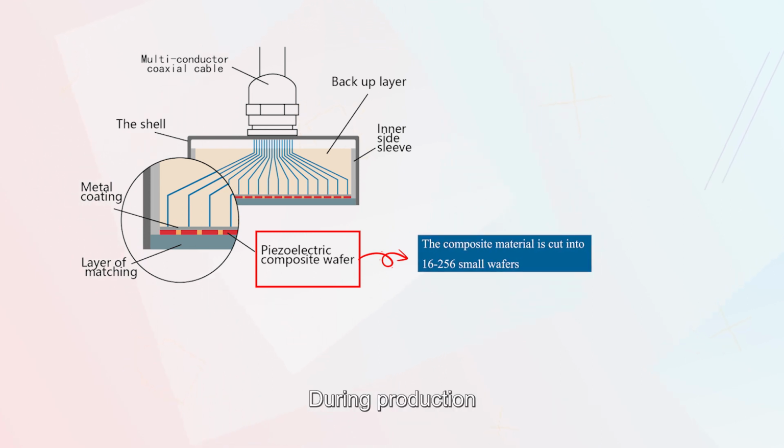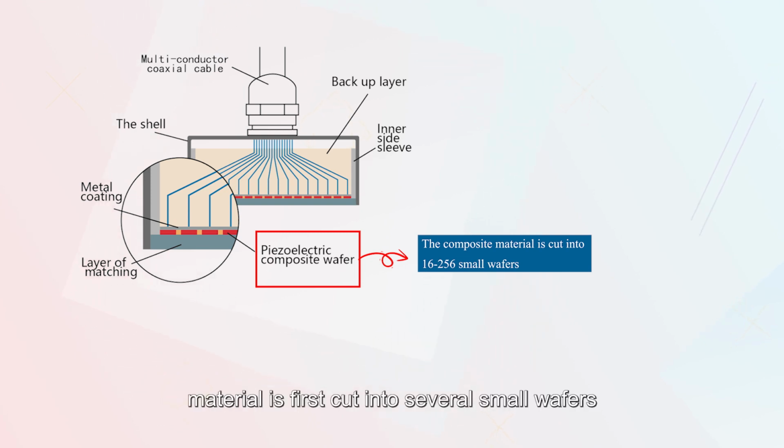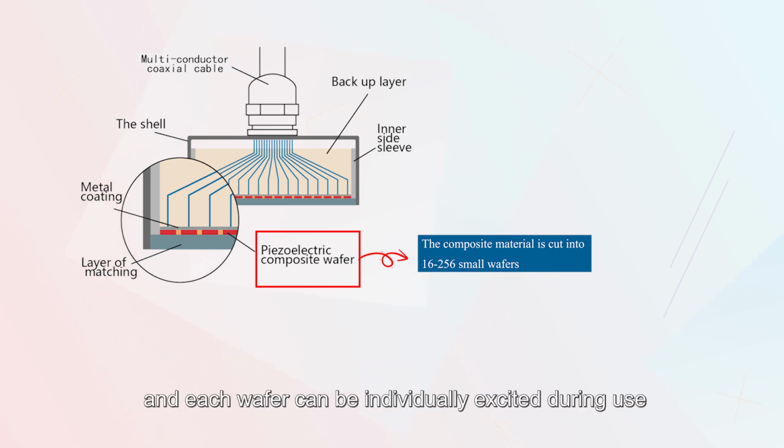During production, the composite material is first cut into several small wafers, usually 16 to 256 small wafers, and each wafer can be individually excited during use.